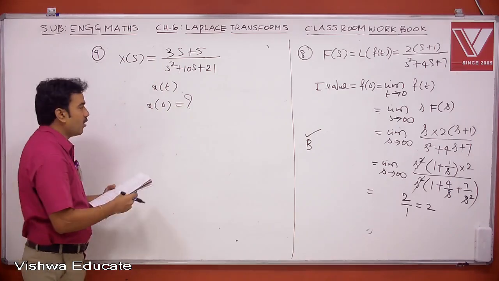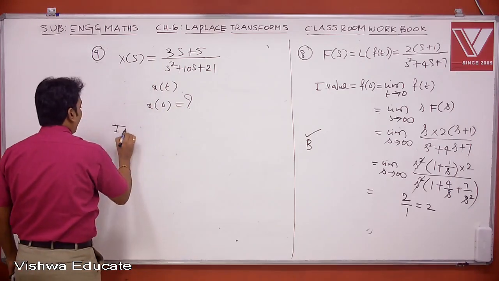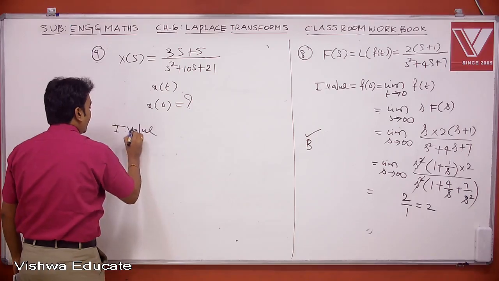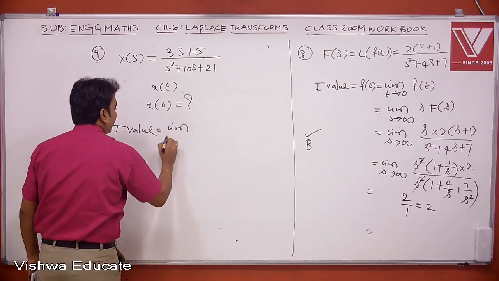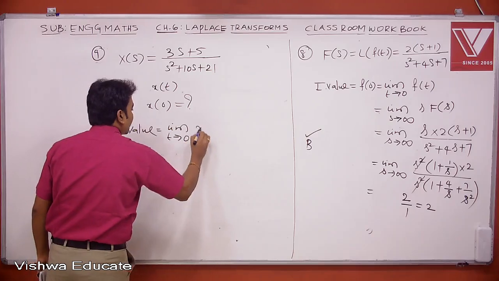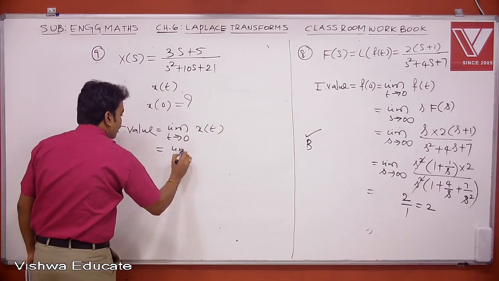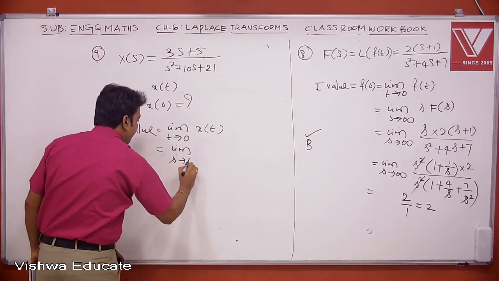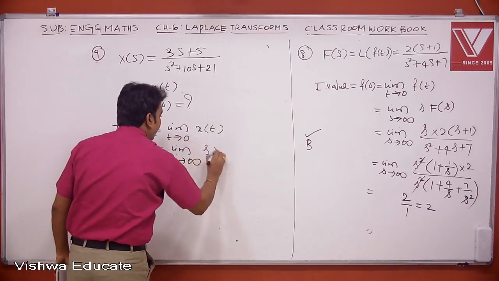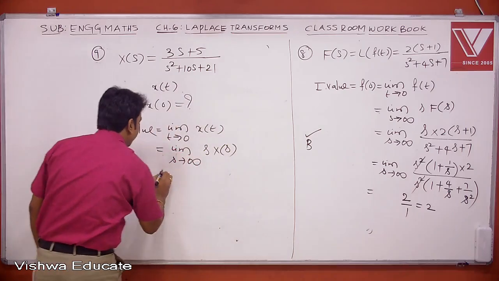This is the initial value. So by the initial value theorem, the initial value is given by limit t tends to 0, x of t. But here capital X of s is given. So in terms of the s variable, this is limit s tends to infinity, s into X of s.